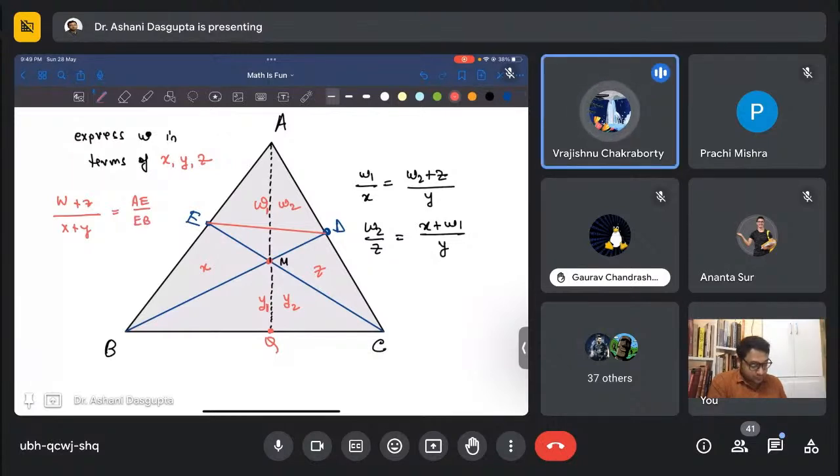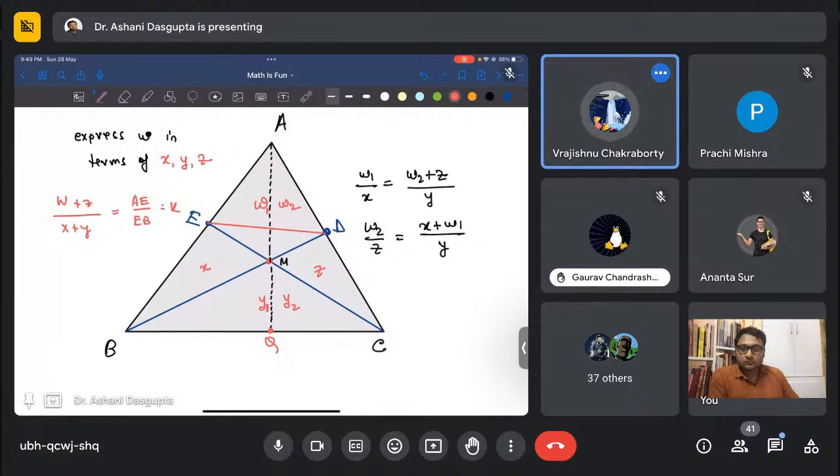Now, let us assume that this ratio is some constant K. That K can be any positive real number. I have come this far now.